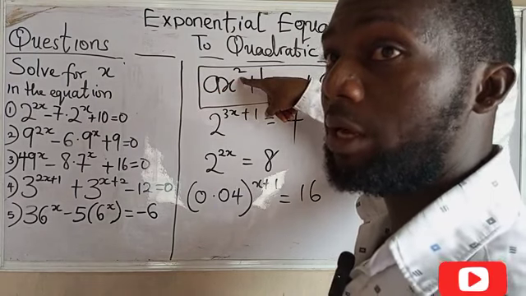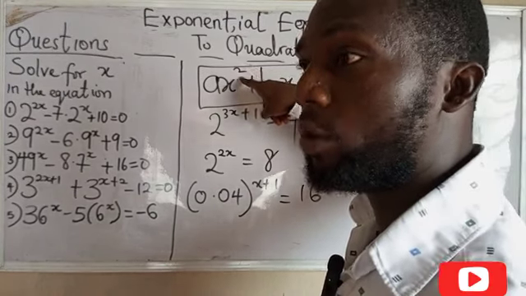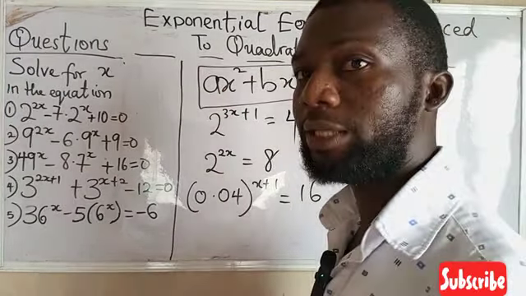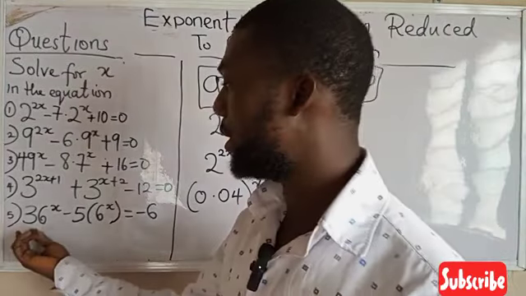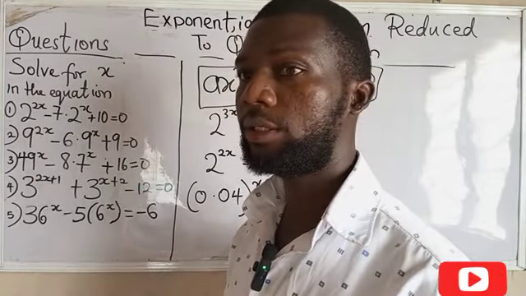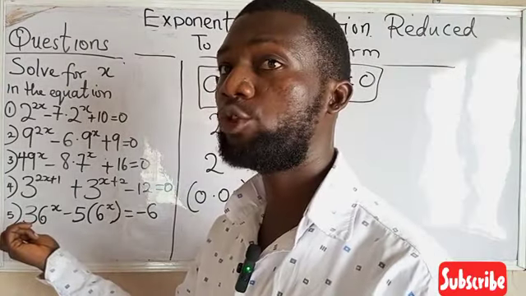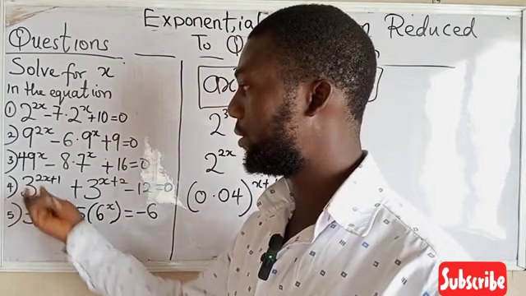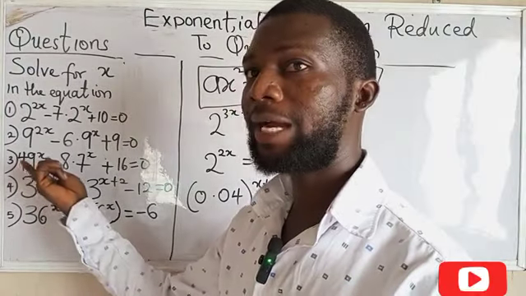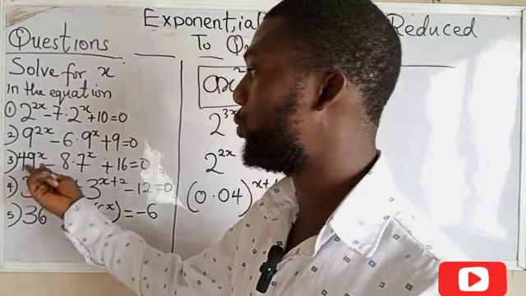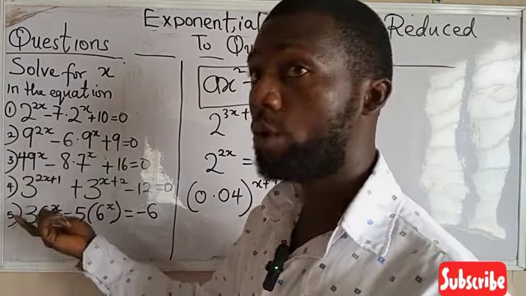That's how the quadratic equation looks like. So, unlike this, you can see this is 36 raised to power x. I know that this is the same as saying 6 raised to power 2x. This one, 49, I can as well say is 7 raised to power 2x, and I continue my work.